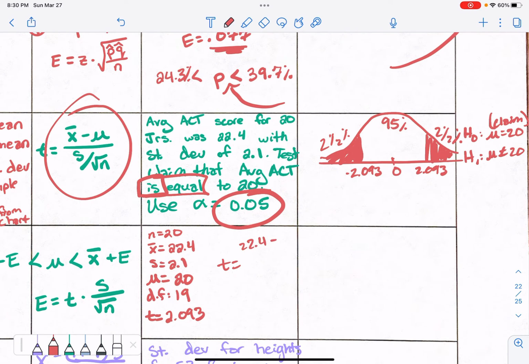22.4 minus 20 all over S, which is 2.1 over the square root of N. Oh, heavens. Okay, let's do this. I'm trying to use my phone as a calculator because I am not prepared, so please excuse me if I get some of these numbers wrong.